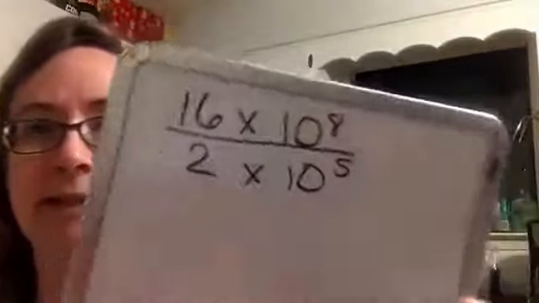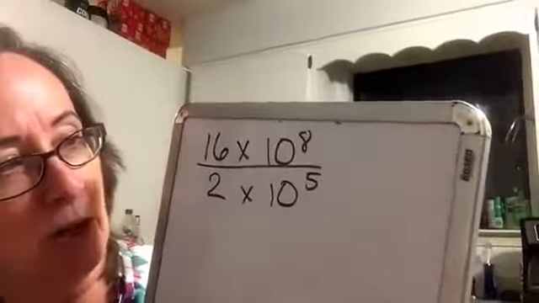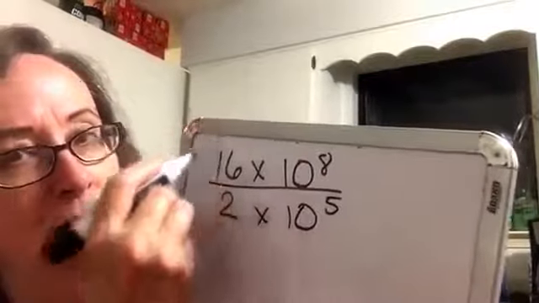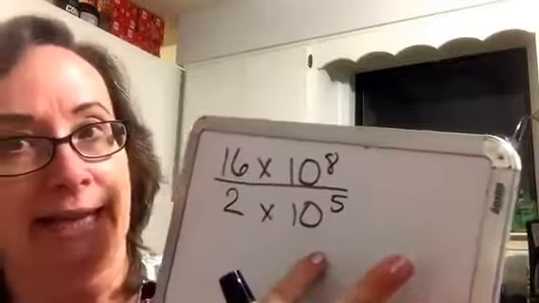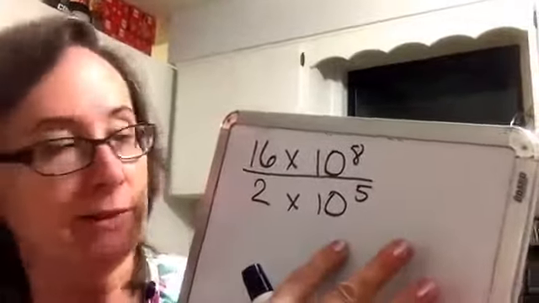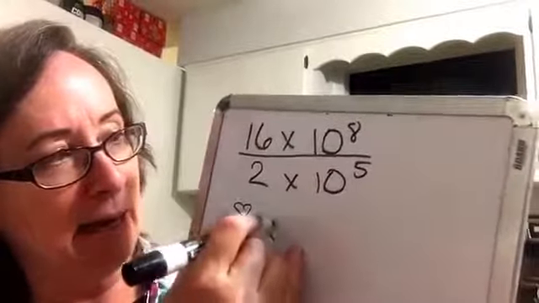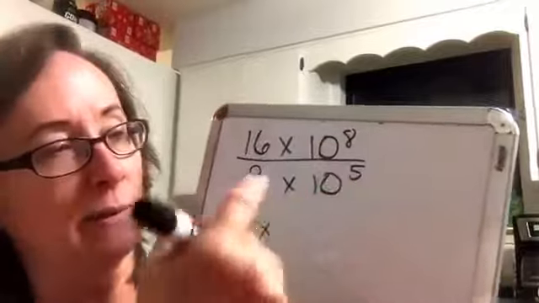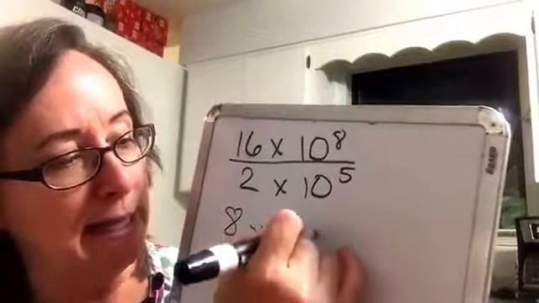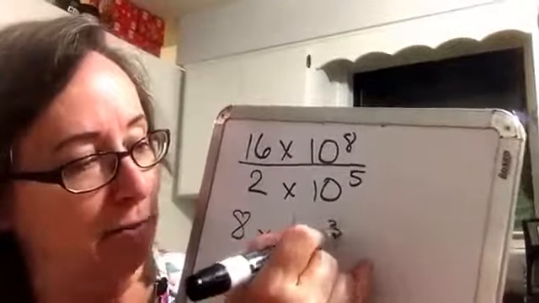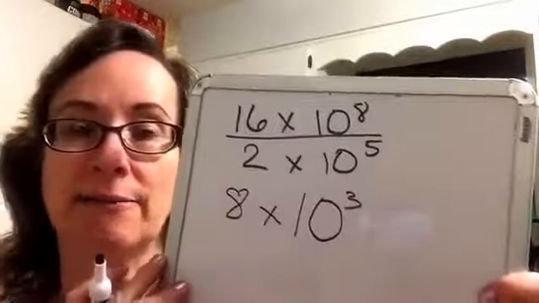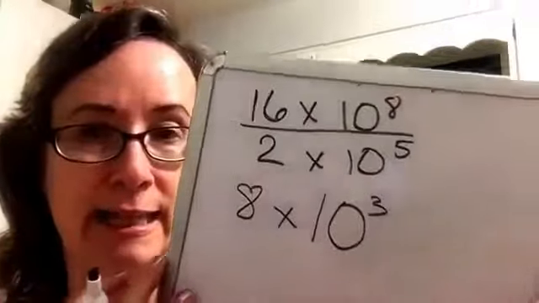2 more problems. So this one is a division problem. So we're going to divide the whole number portion here and then the powers of 10. So 16 divided by 2 is 8 times, since we're dividing, we subtract the exponents. 10 to the 8 minus 5 is 3. And that is already in scientific notation.